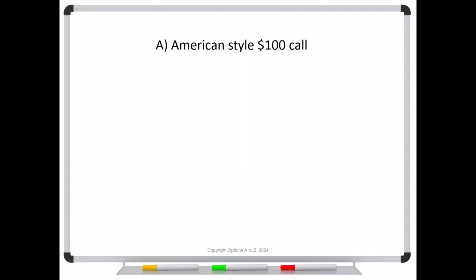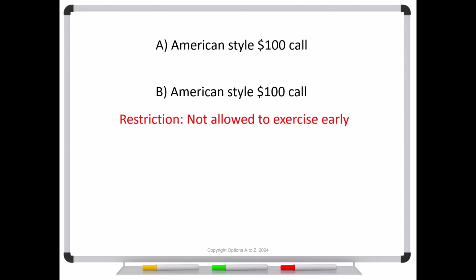Let's say that strategy A is an American style $100 call for a given expiration, and strategy B is that same call, but we're just going to attach a restriction to it. And the restriction is you're not allowed to exercise early. And so we know that strategy B is really just a European style $100 call in disguise.